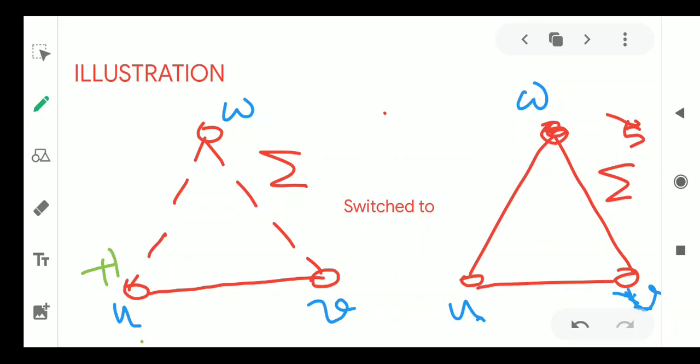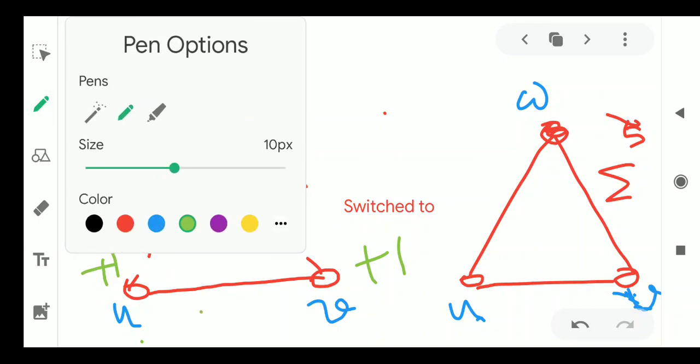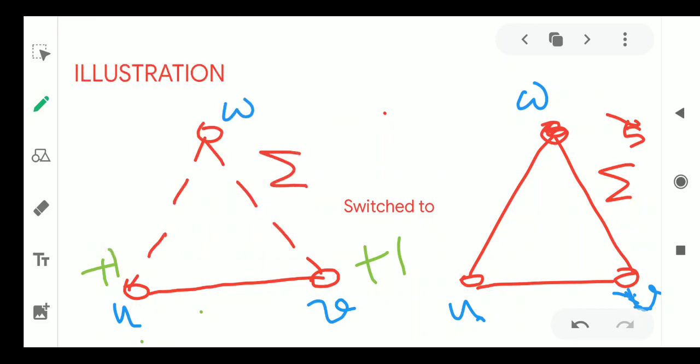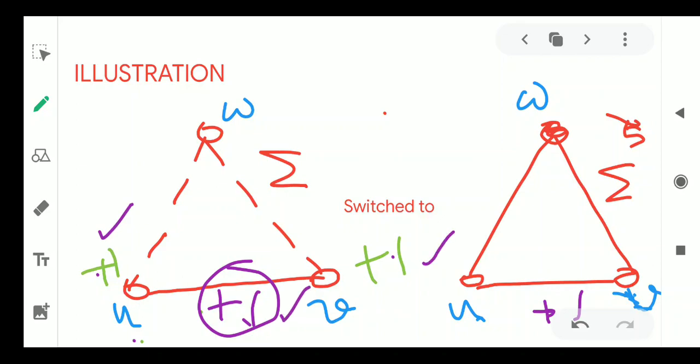Zeta of V is also 1. Edge UV has the signature 1. So 1 into 1 into 1, that is this 1.